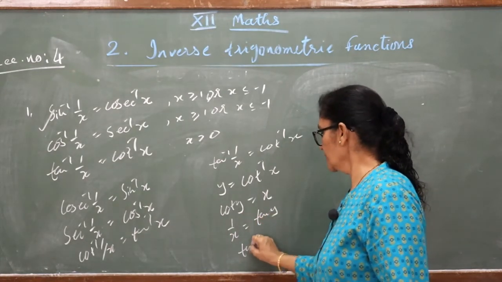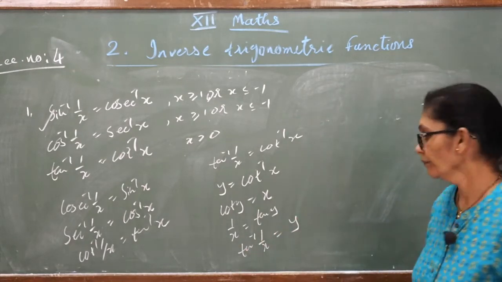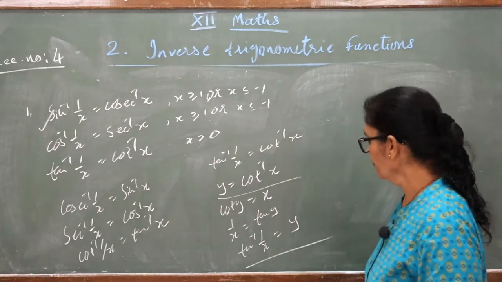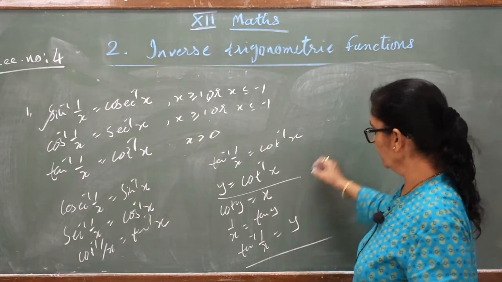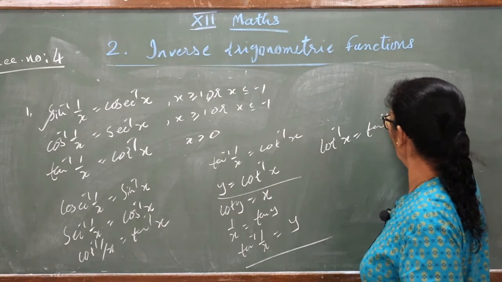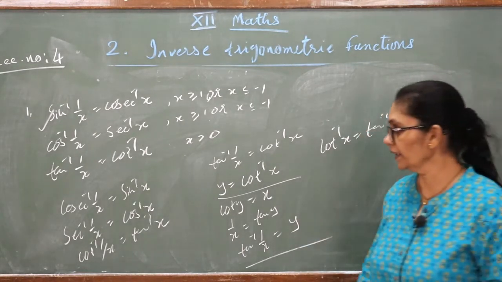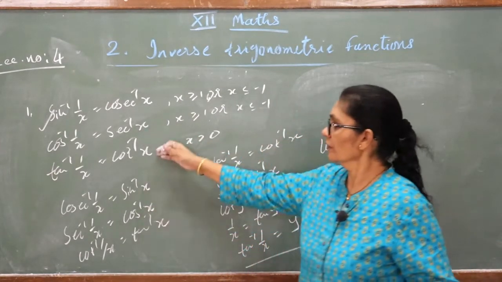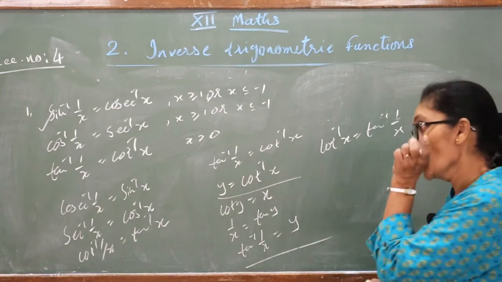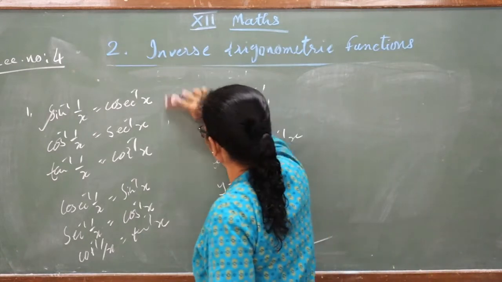Taking inverse on both sides, tan inverse 1 by x, with tan inverse cancelling, equals y. So we took y equal to cot inverse x and proved cot inverse x equals tan inverse 1 by x, because of these two results. This is a corollary-type property, and I think both are clear to you. Remember all these properties because we need them in examples.